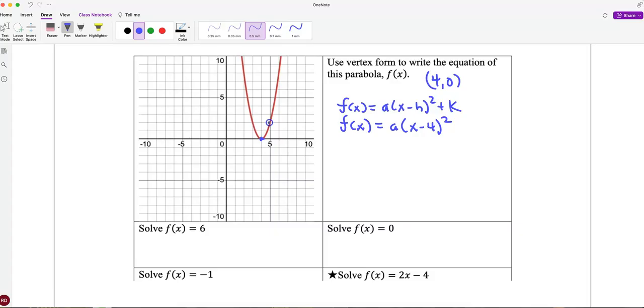Let's find another point here. It looks like the point (5, 2). So 2 is equal to a(5 minus 4) squared. 2 is equal to, that's just a. So this formula, f of x, is 2(x minus 4) squared.